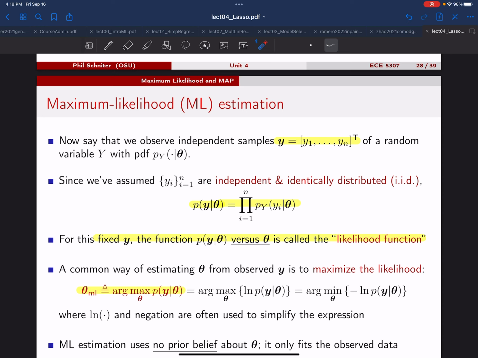So as we go through this chapter and the next one and so on, we're going to be coming up with different models for this likelihood. Then for whatever model we're working with, we will come up with a way of optimizing this over the parameters theta, and that is essentially machine learning.